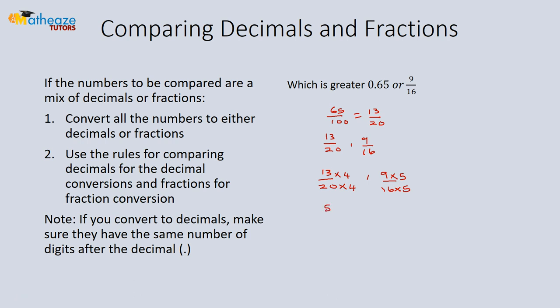So I end up with 52 over 80, and 45 over 80. So 52 over 80 is greater than 45 over 80 because 52 is greater than 45. So what we now know is that 0.65 is greater than 9 over 16.